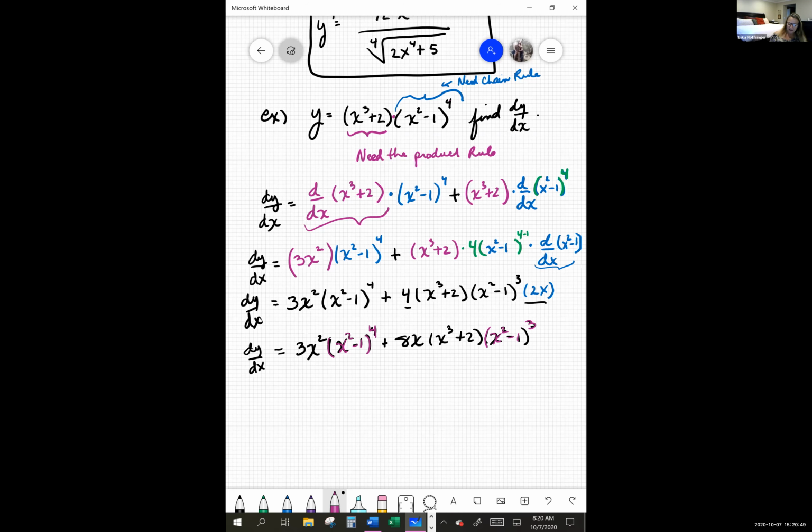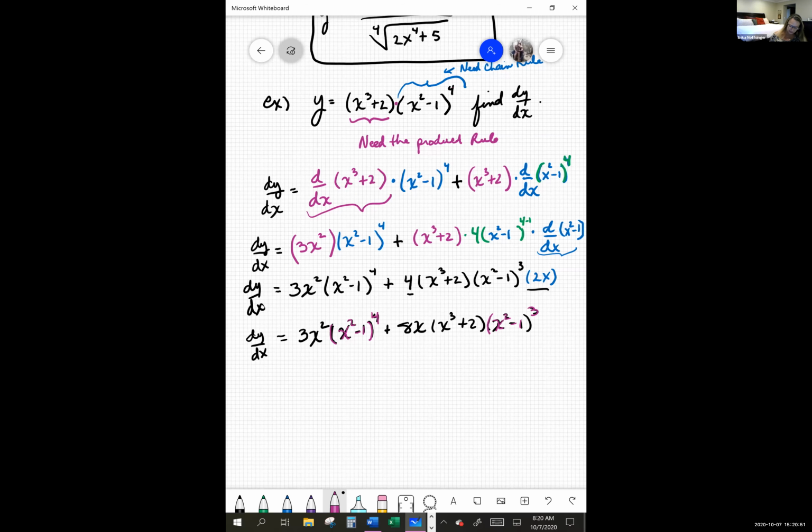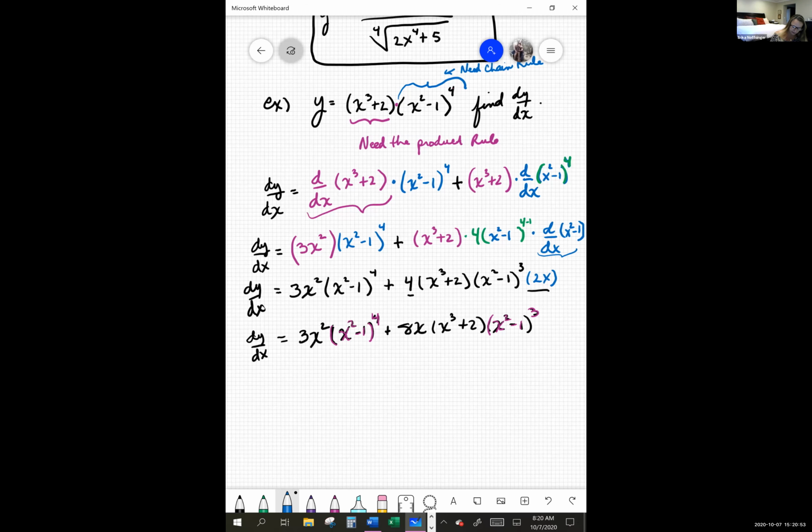If I look at anything else that they have in common, notice here we have an x squared, and here we have a single x. So what they share in common is one single x. Let's pull that one single x out. They share an x squared minus 1. The most that they share in common, though, is 3 factors of that. And that's all that they share in common.